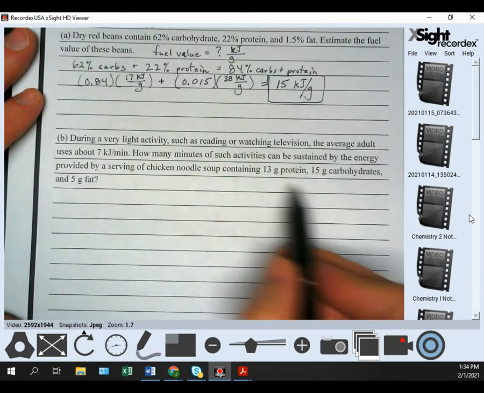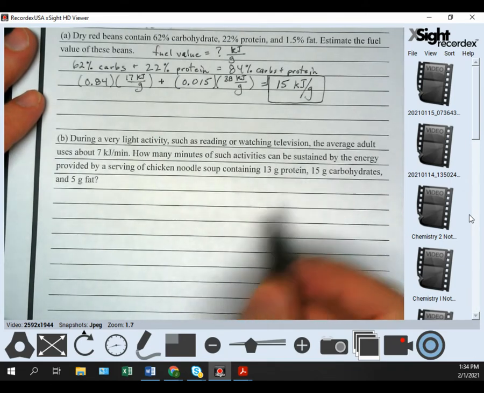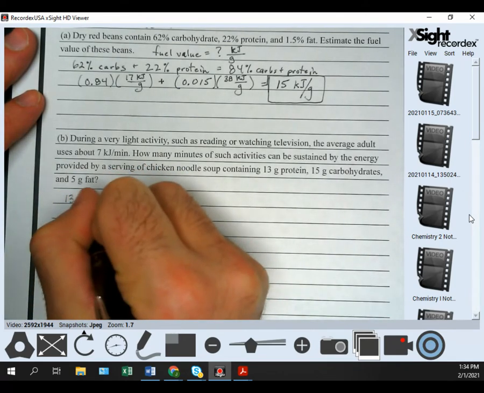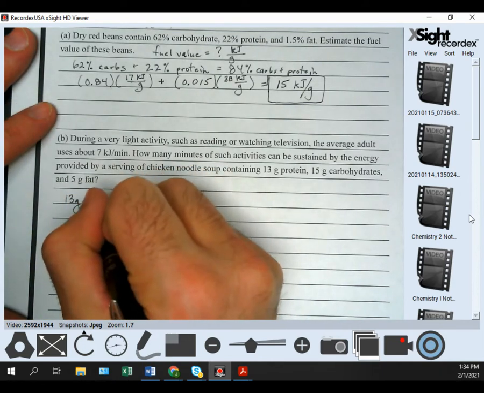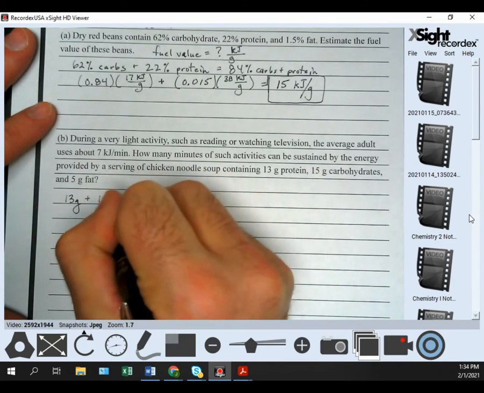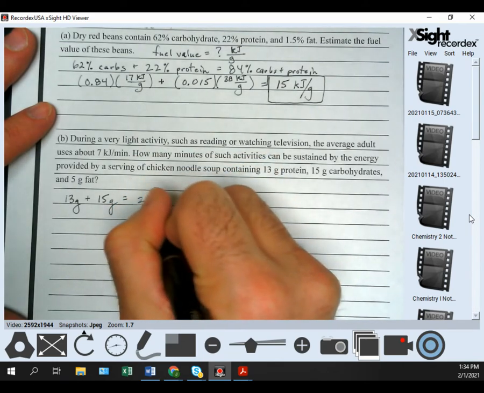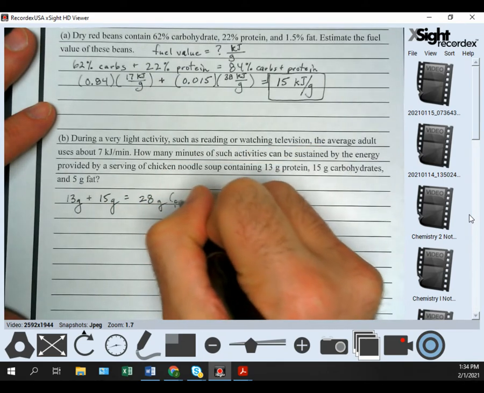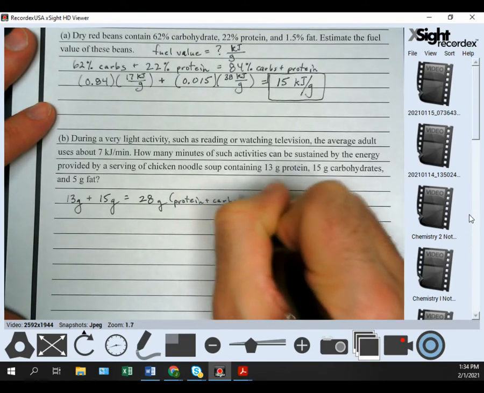So what I would do, again, me being me, I would combine the protein and the carbohydrates. So that gives me 28 grams of the protein and the carbs.